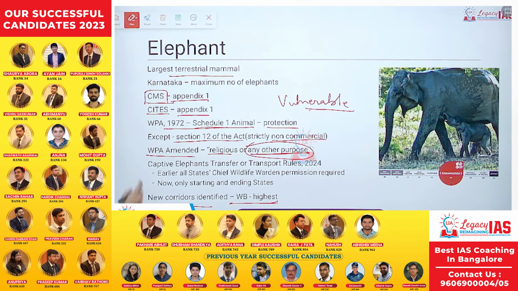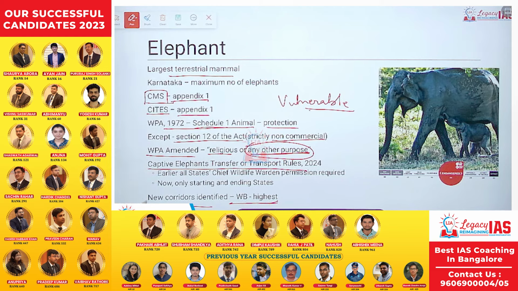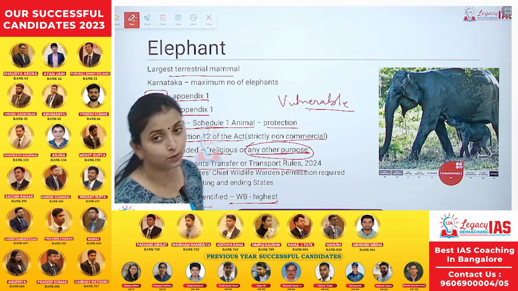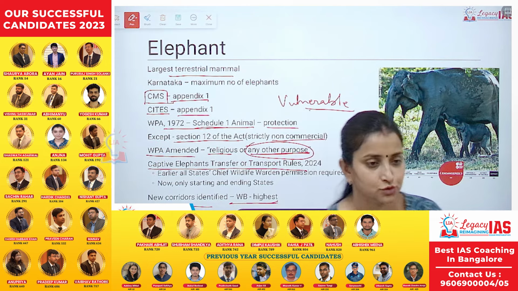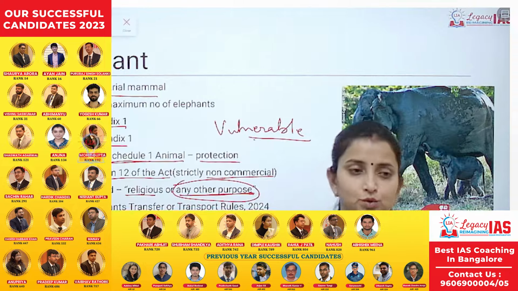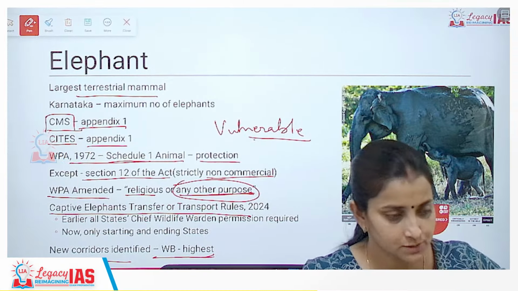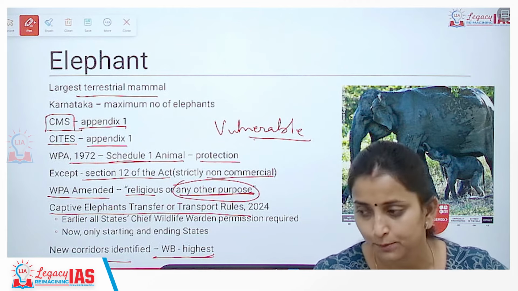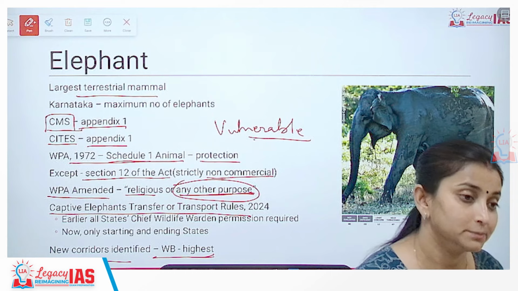One more reason is the government has passed one more rule. Okay? This was passed in January 2024, the Captive Elephants Transfer or Transport Rules of 2024. Initially the earlier law said that if any state government is transporting an elephant from one region to another, let's say from West Bengal to Gujarat, then the chief wildlife warden of every state and forest being crossed, starting from West Bengal up to Gujarat, must give permission.